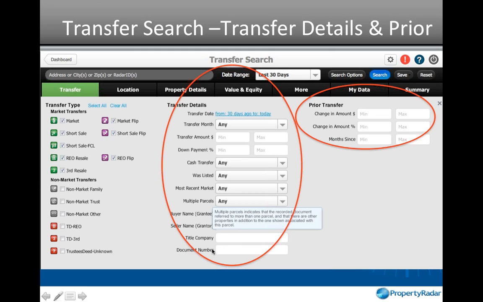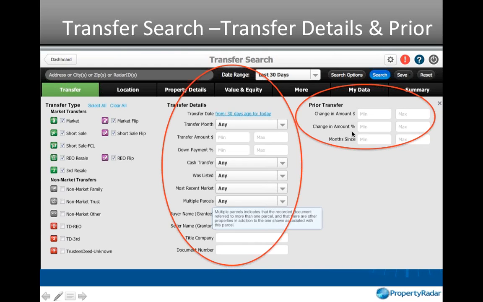A specific title company, the document number of the transaction, and then this one's really fun. Compare this transfer to the prior transfer. This is only going to work for market transfers, not non-market transfers, but what was the change in dollar amount, or change in percentage. Think about that in combination with flips.